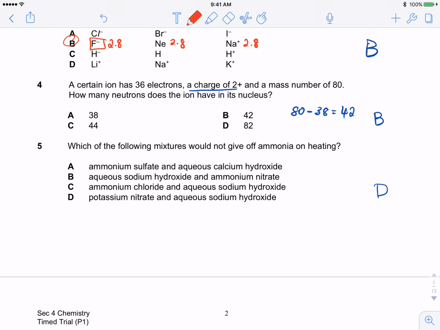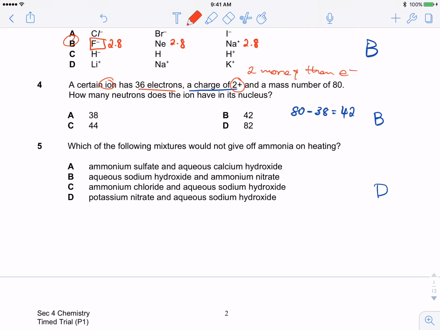Question 4. A certain ion has 36 electrons, a charge of 2 plus, and mass number of 80. How many neutrons does it have in its nucleus? First of all, it is an ion, so the number of electrons does not equal the number of protons. So how do we find the number of protons given the electrons and the charge? Since it has a charge of 2 plus, it means that I have 2 more protons than electrons.